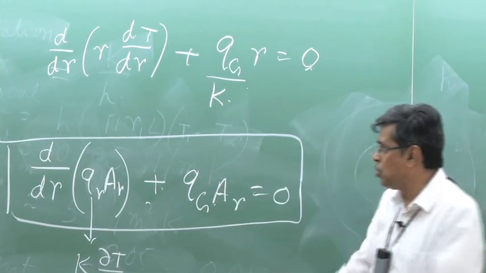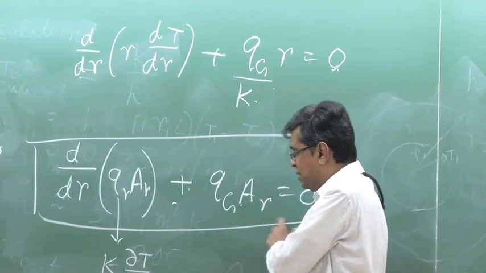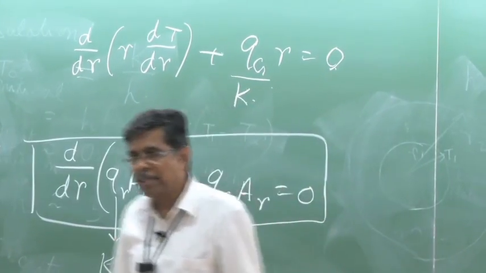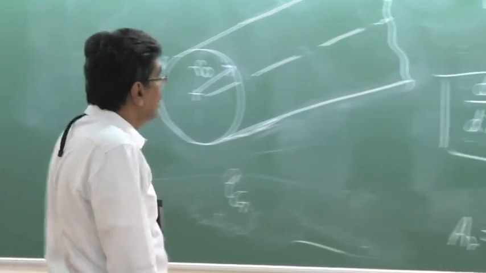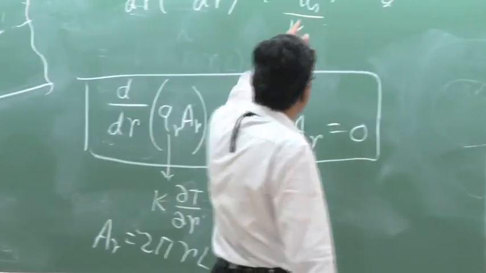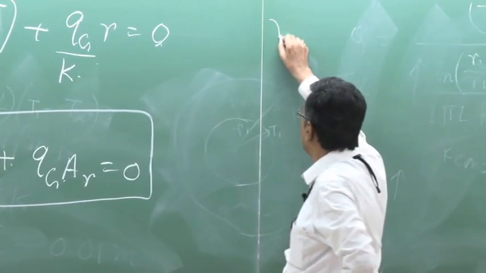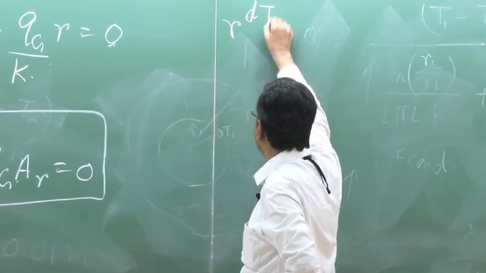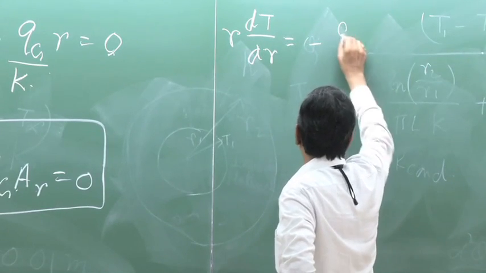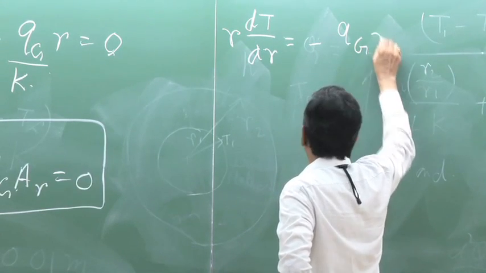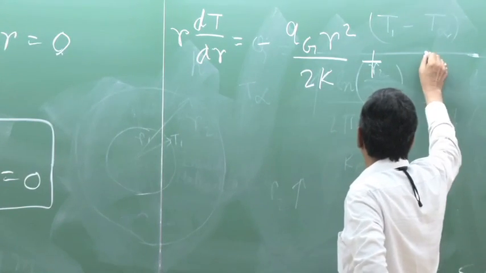d/dr of Qr into Ar, delta R we cancel, Qr Ar is 0. So you get the equation, clear? Now you differentiate it. Now if I consider Qg is constant or uniform, then R dT/dr is equal to minus Qg R square by 2K plus C1.